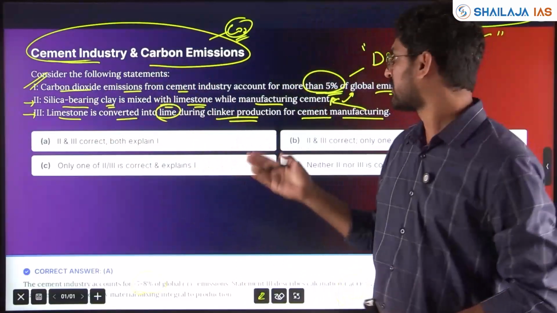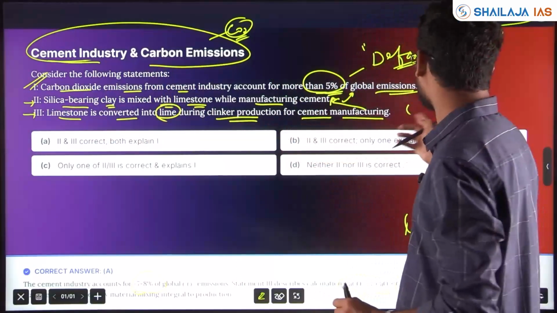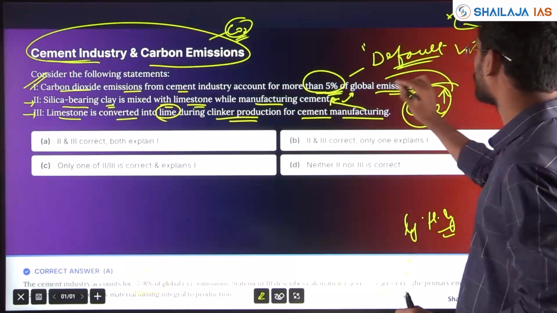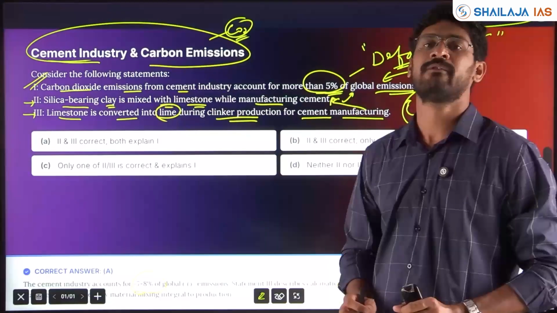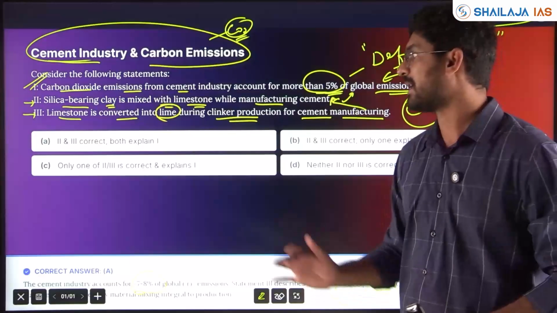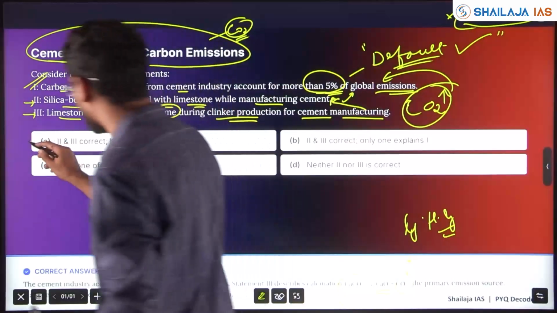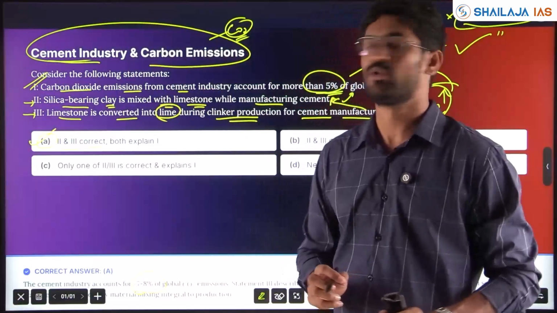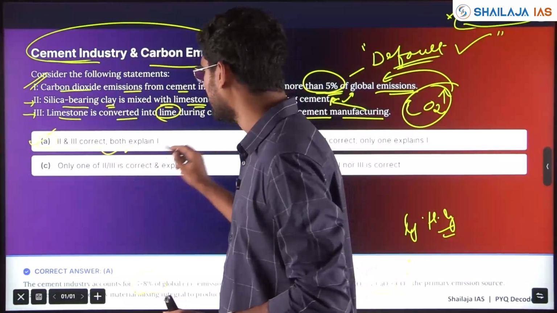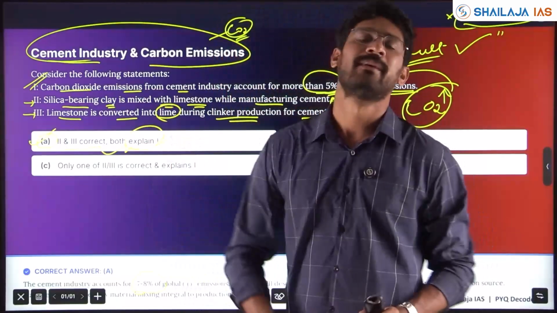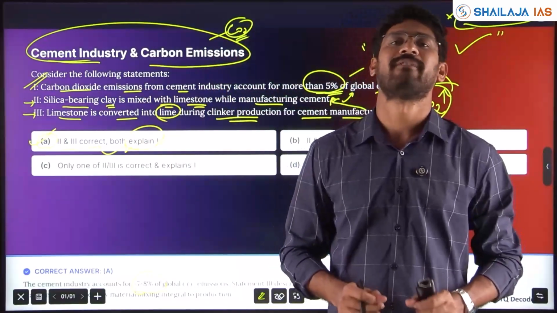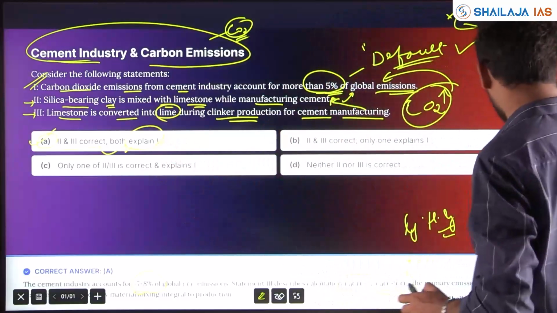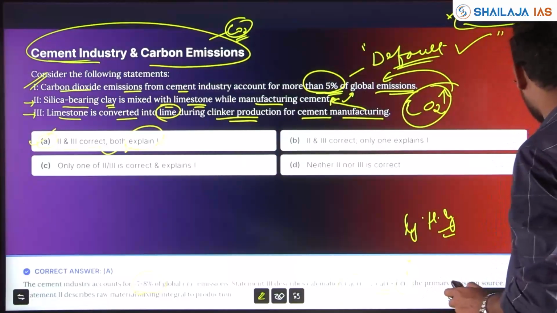In that cement production procedure, what happens? CO2 is produced, and that accounts for 7 to 8% of global greenhouse emissions. So your answer is option A, direct. Statements 2 and 3 are both correct, and both are explaining statement 1, why the cement industry accounts for more than 5% greenhouse gas emissions. Clear? 2025. This was asked.